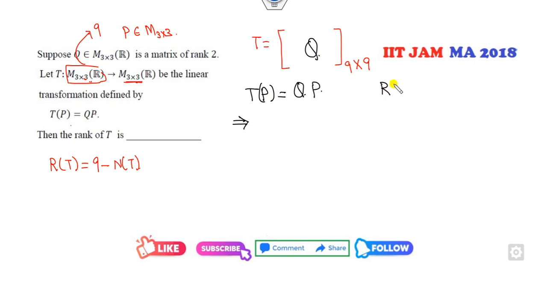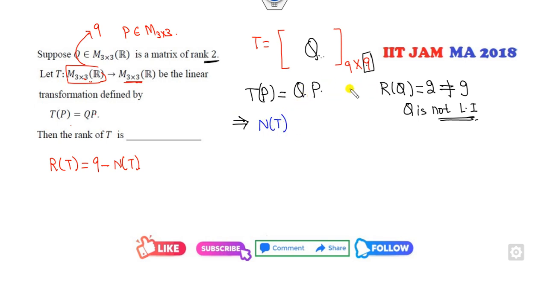What is the rank of Q? The rank of Q is 2, which is not the same as the number of column vectors. It means Q is not linearly independent, and it is also not one-one. So I can find the nullity from here.